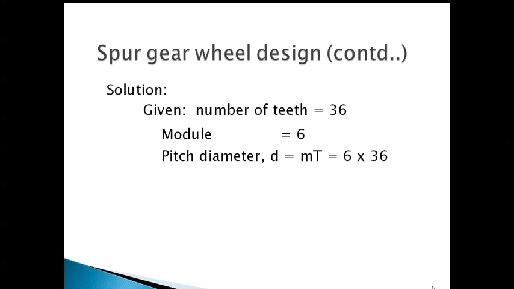The module equals pitch circle diameter by number of teeth. From that we get the pitch circle diameter D equals M into T, module into number of teeth, that is 6 into 36. So we get the pitch diameter as 216 mm.